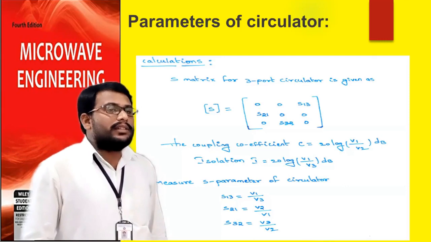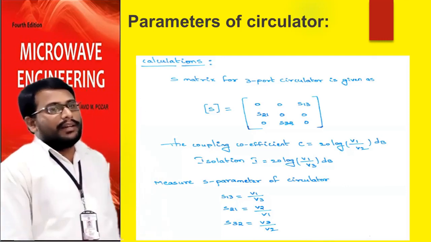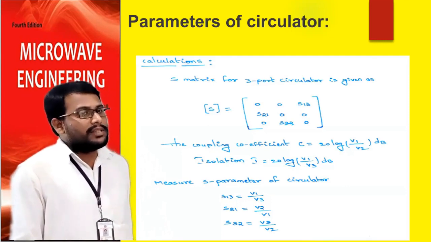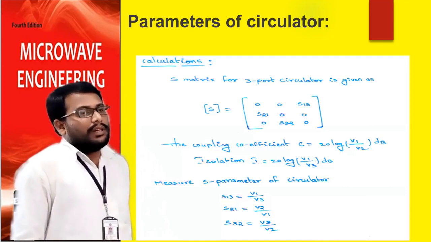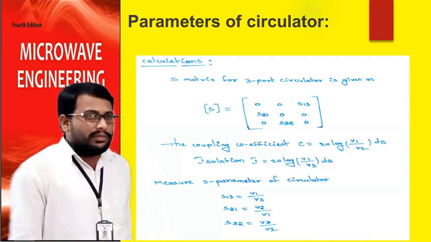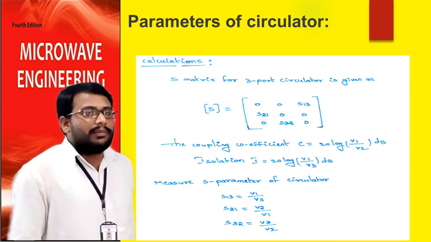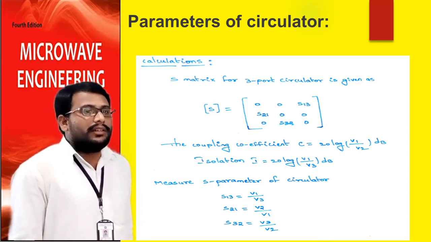Just go for the calculations, parameters of the circulator. This is the scattering matrix I already told: S equal to 0, 0, S13, S21, 0, 0, 0, S32, and 0. The coupling coefficient for the circulator, C equal to 20 log of V1 by V2, in dBs. Isolation, I equal to 20 log of V1 by V3, in dBs. And measure the S matrix for the circulator.